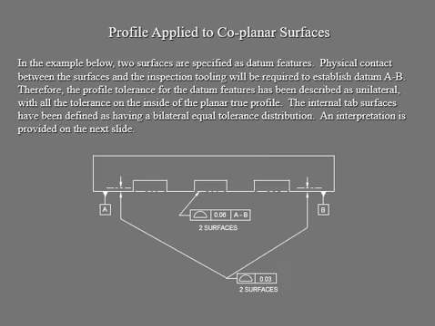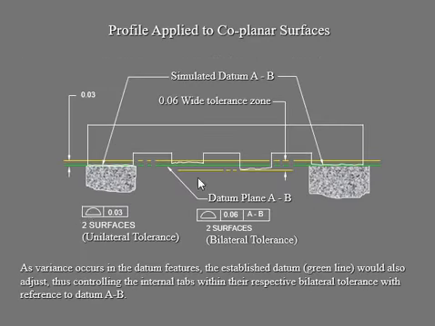So let's take a look at that. So we draw, yeah, and here of course unilateral, so you have only one line. Now we have a gauge right there, simulated datum A and B, which is combined anyway, and that's the tolerance right here for two surfaces.